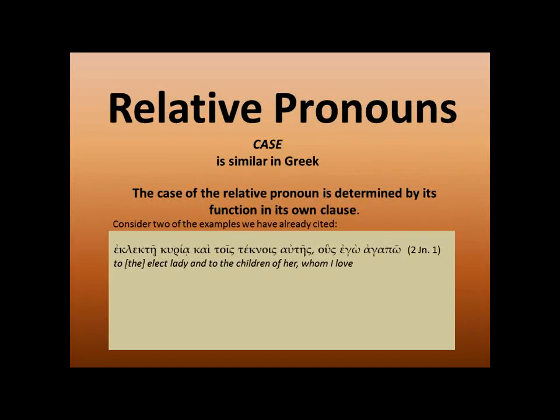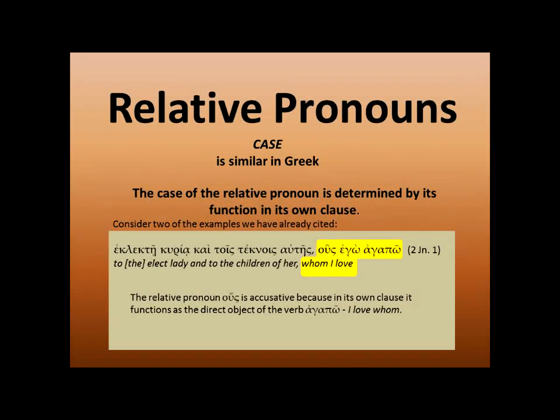Eklekte kuria kaitois teknois autes hus ego agapo, to the elect lady and to the children of her whom I love. Hus ego agapo, whom I love, that is our relative clause. The relative pronoun hus is accusative because in its own clause it functions as the direct object of the verb agapo.